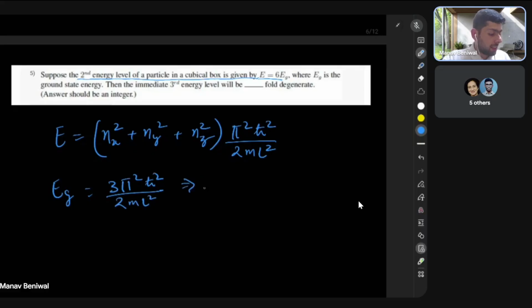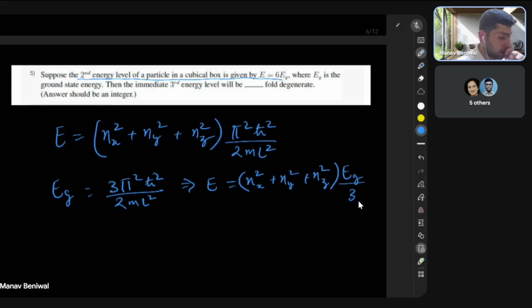And as we did last time, we can write our energy in terms of Eg. So this will be Eg by 3. Clear?